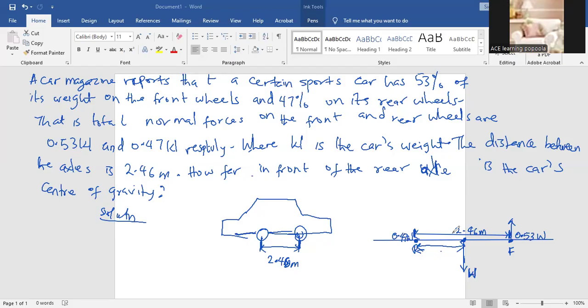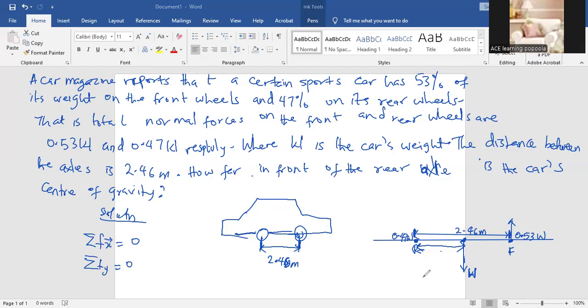Now, considering the conditions for equilibrium, we know that the summation of forces in the x direction should be 0, and the sum of all forces in the y direction should be 0 as well. Now, there are no forces acting in the x direction because these forces are up and down. So they're acting in the y direction.